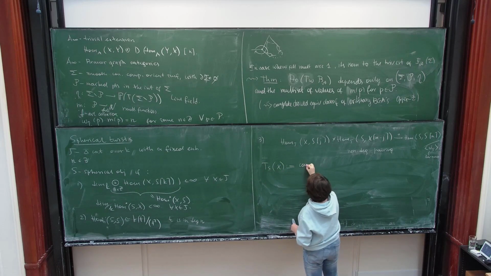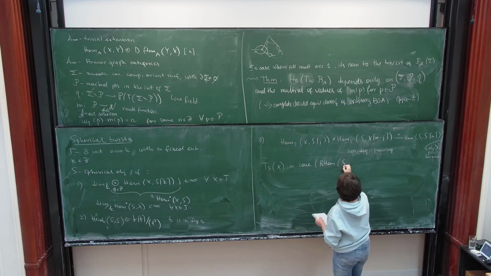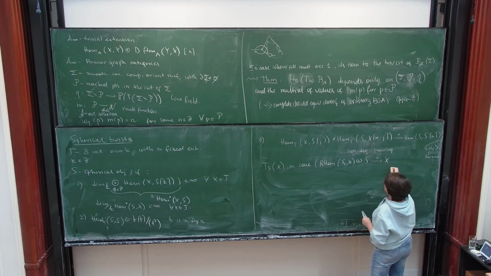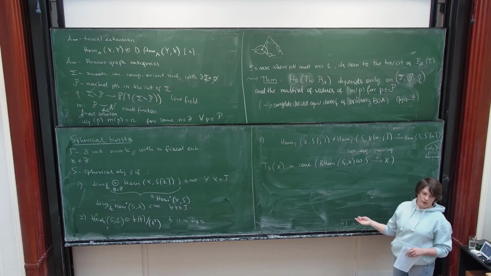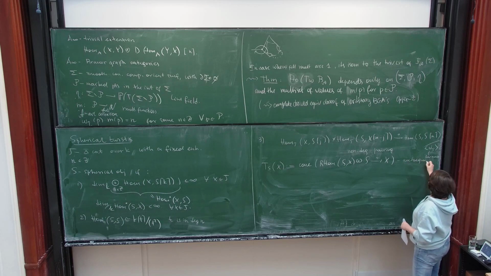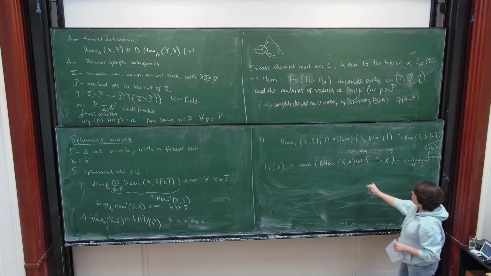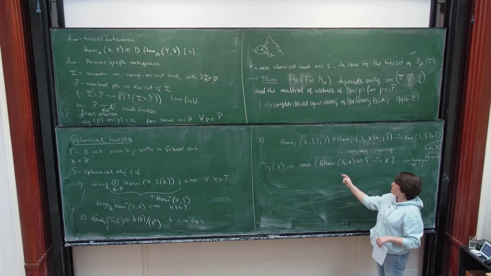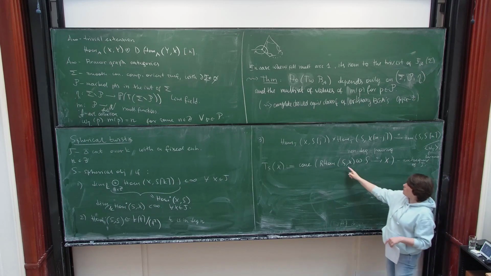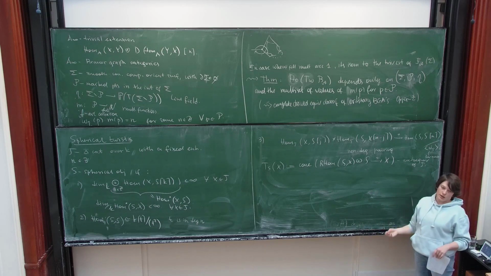So this is just the cone of the evaluation map from Hom(S, X) tensor S to X. And this is an auto-equivalence of T. And if we have two such objects, then if there are no Homs between S1 and S2, then these commute, and if there's a one-dimensional Hom, then the auto-equivalences satisfy the braid relation and so on.